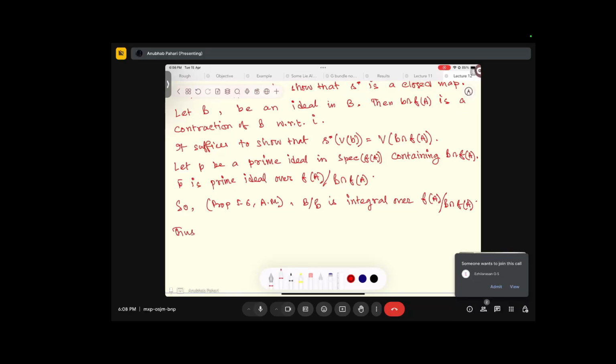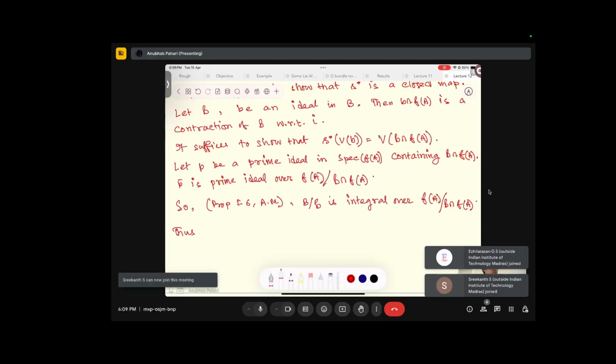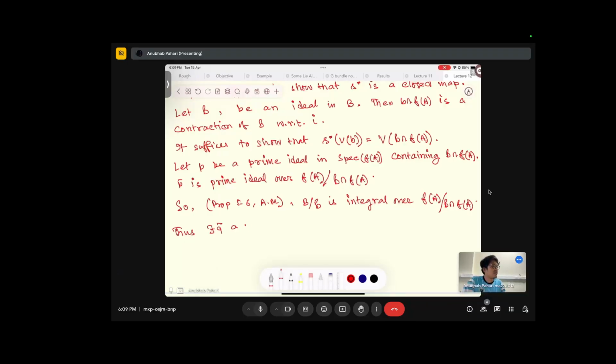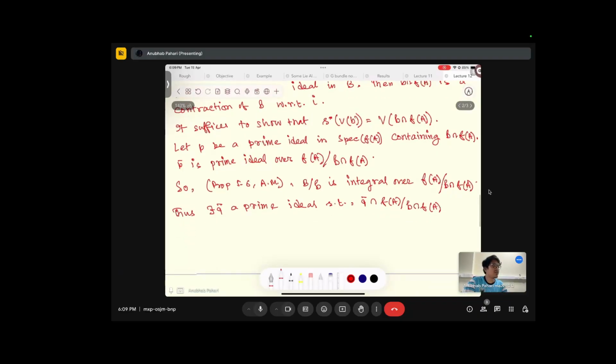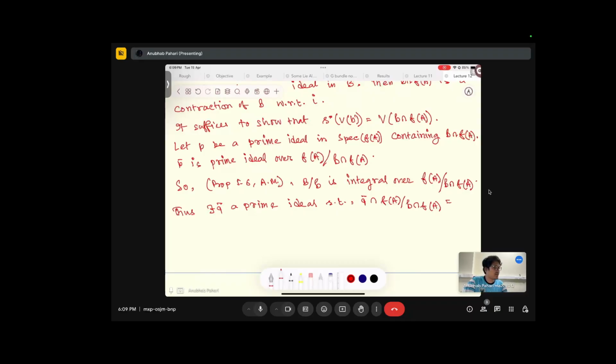Thus there exists a prime ideal Q bar such that Q bar intersection f(A) by b intersection f(A) is equal to P bar, because of the calculation we did.